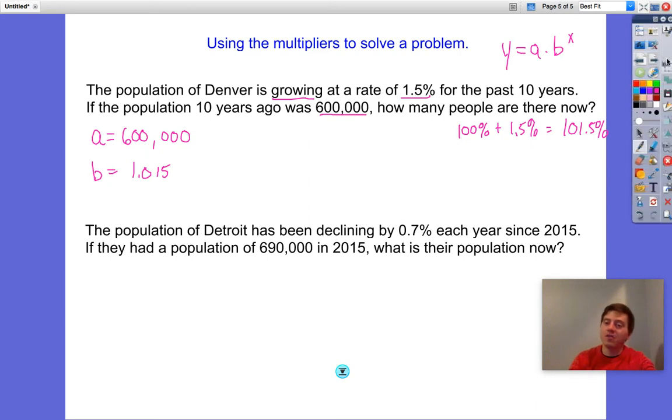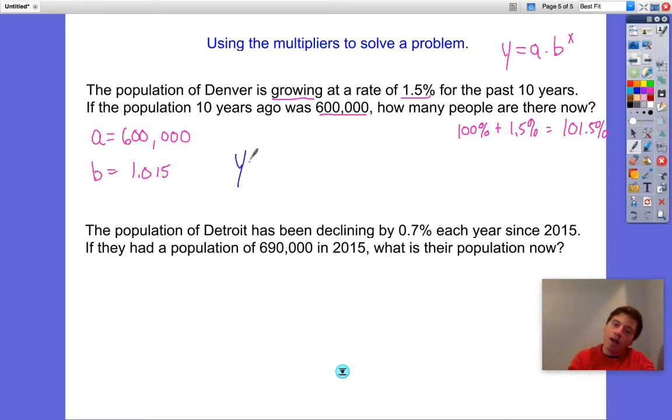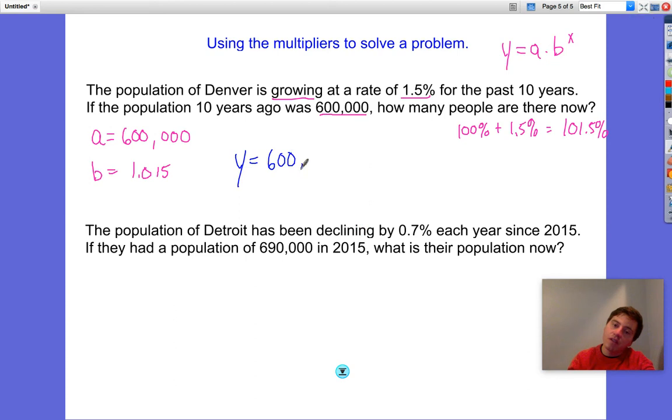Okay, we can write a nice little equation for that then. Y equals the 600,000 that we're starting with, and then multiply by 1.015. That's the 1.5% growth, and we need it to happen for some amount of years. Now I'll say that y will be total population, total pop, and let x equal the years that have passed. So we've got a starting 600,000 growing at 1.5% for some amount of years will give us the total population.